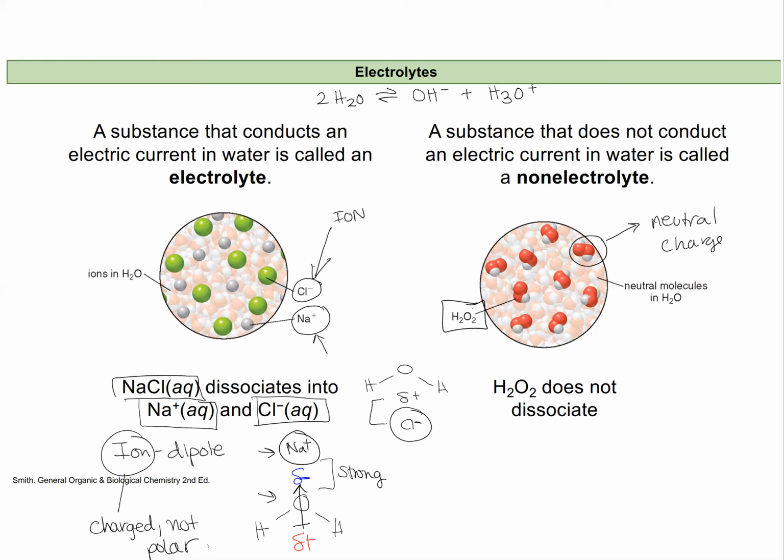And so when an electrolyte is added to water like sodium chloride, we can recognize that it'll be an electrolyte because it's an ionic compound. And not all ionic compounds dissolve in water. We have solubility rules that help us predict that we learned about when we talked about precipitation reactions.